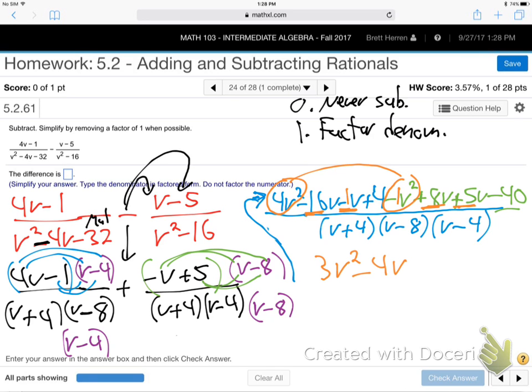And then what's left? 4 minus 40 is minus 36. And then the bottom is unchanged.